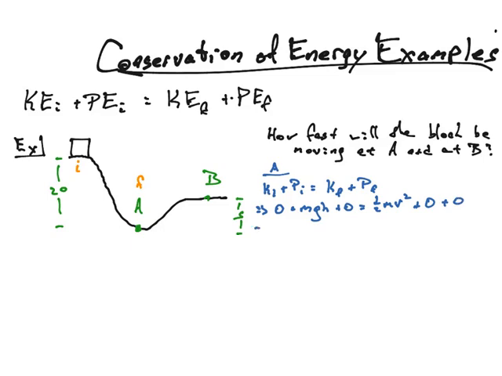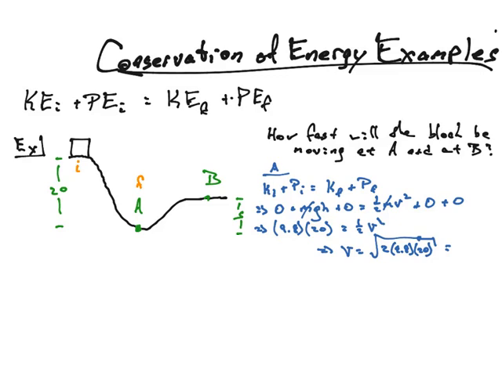All right, so there we go. There's our equation. Let's look. There's an m on every single term, so we could cancel out the m's. And what's left over, we have 9.8 times the height at location initial, that's 20, equals 1/2 v squared. So v is the square root of 2 times 9.8 times 20.